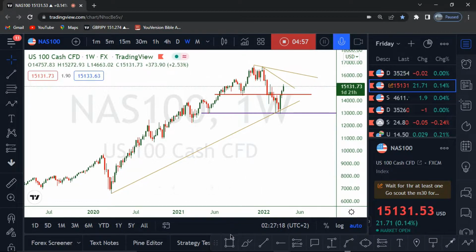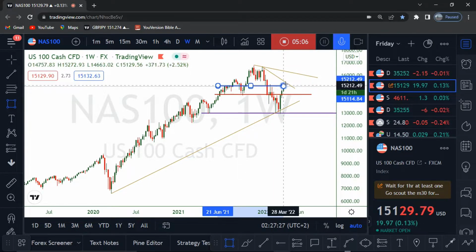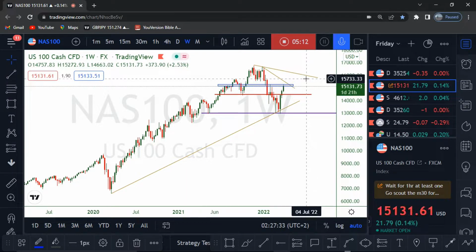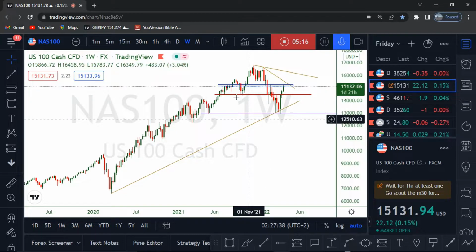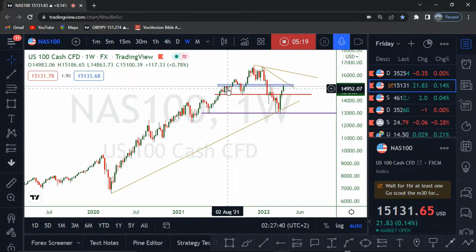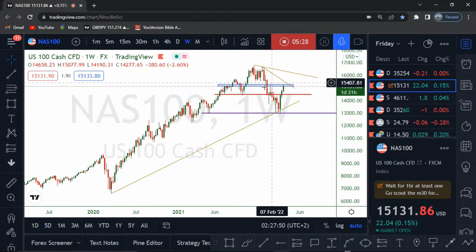Okay, look. Do you see that, guys? Now, why is this a potential resistance point? It held this point right here, and the market broke, came back again, broke, and the market did test this level right here.